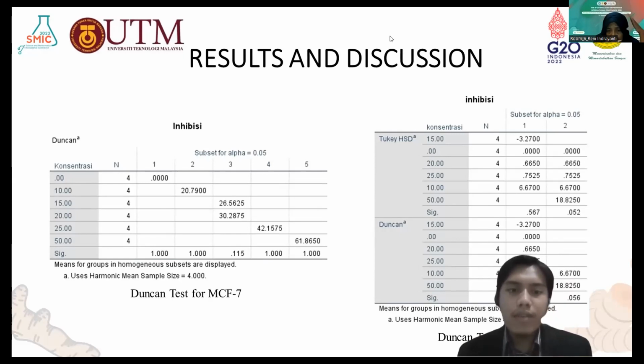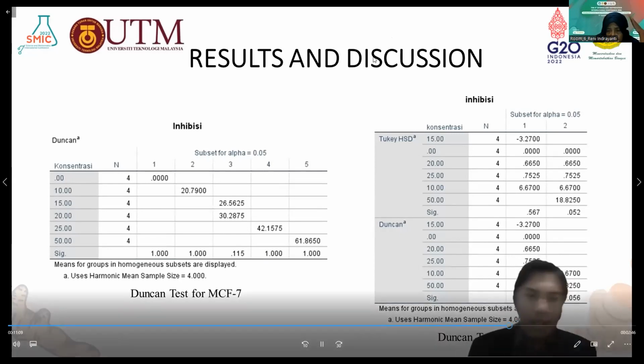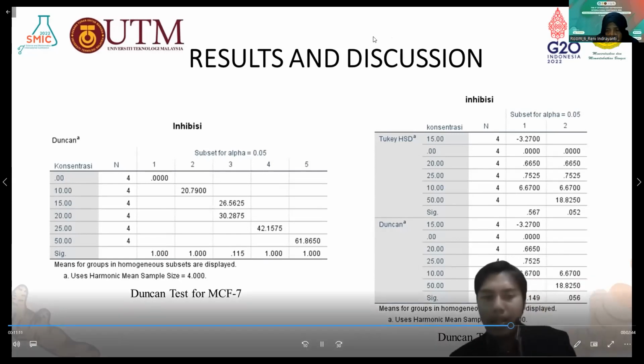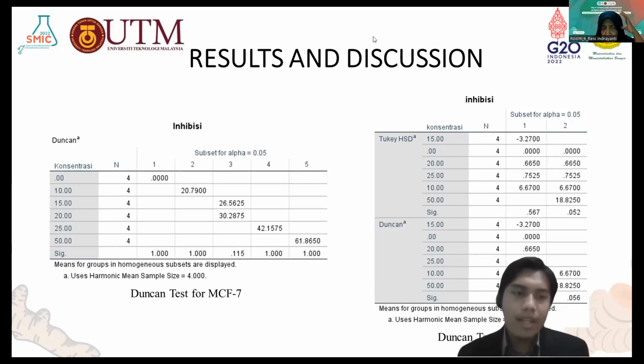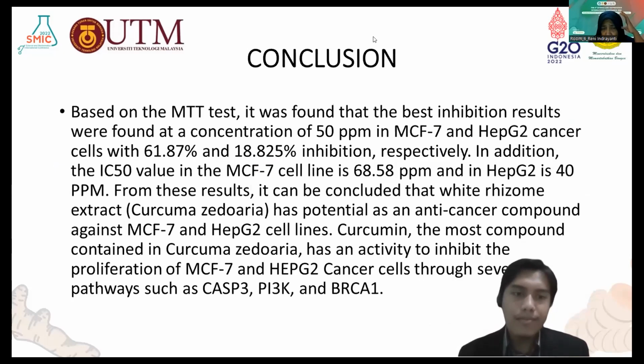For the Duncan test for HepG2, we know that there is no different effect, so we can interpret that HepG2 treated by white turmeric extract has the same effect between 20 and 15 ppm. However, it's a different impact in MCF7.